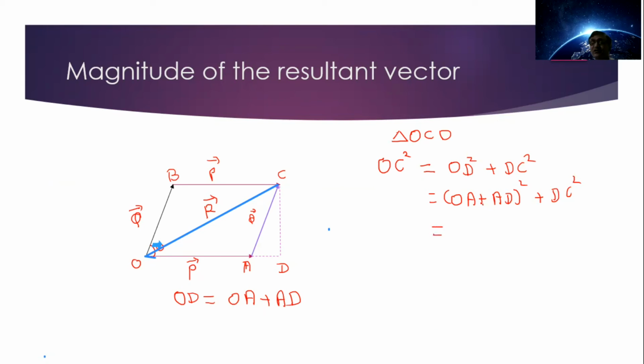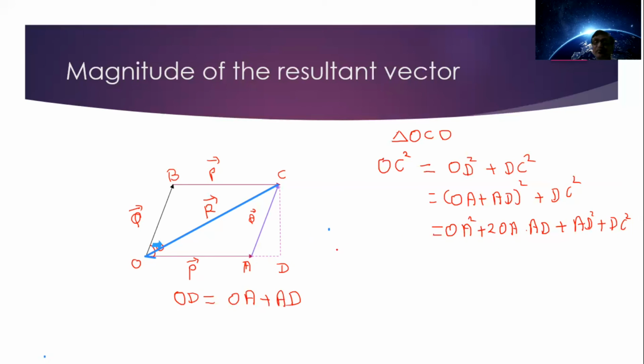Now, (A plus B) square gives OA square plus twice OA into AD plus AD square, plus DC square.